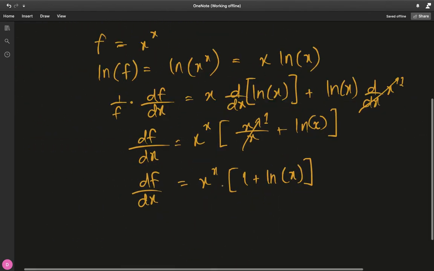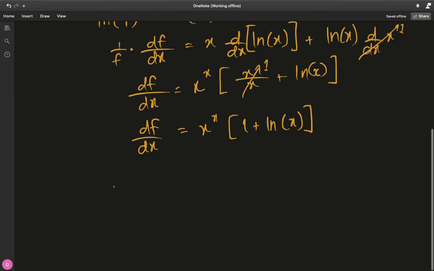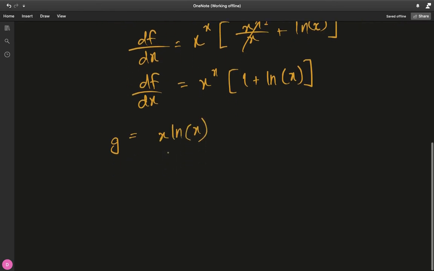And now time for g. So g is x times natural log of x. And no fuss in differentiating this. So dg over dx is going to be d over dx of x times natural log of x.